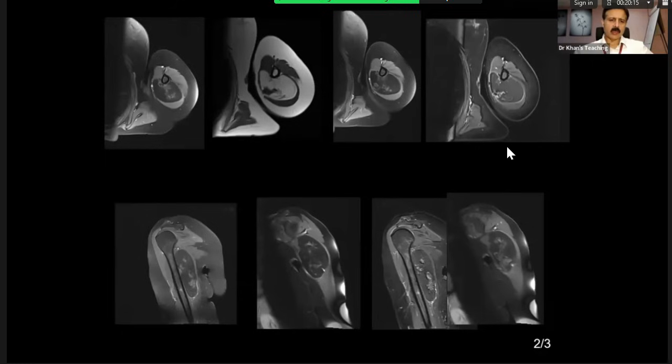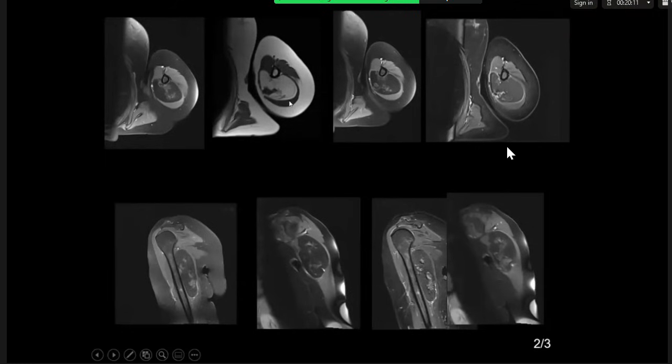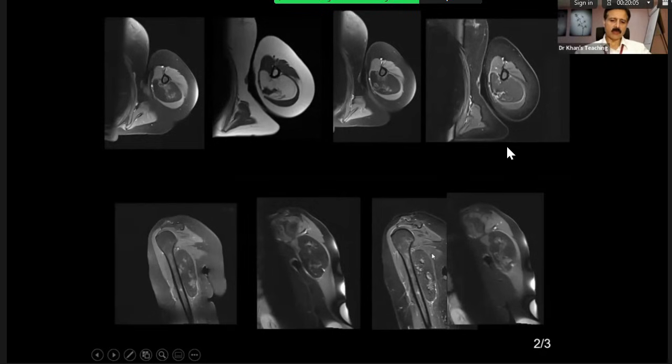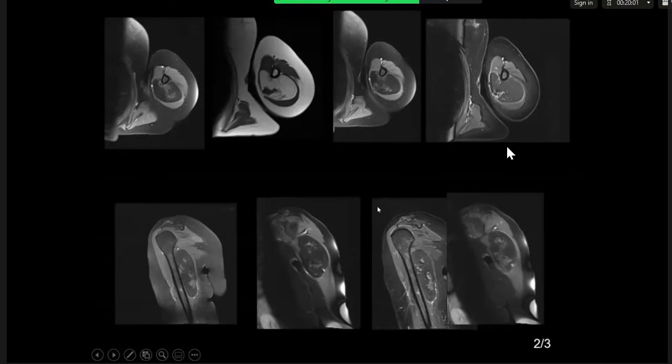T1. Yeah. This, and then pre-contrast and post-contrast sequences are here. Okay, so just reviewing those sequences, there's an ovoid lesion located primarily posteromedial to the humerus.